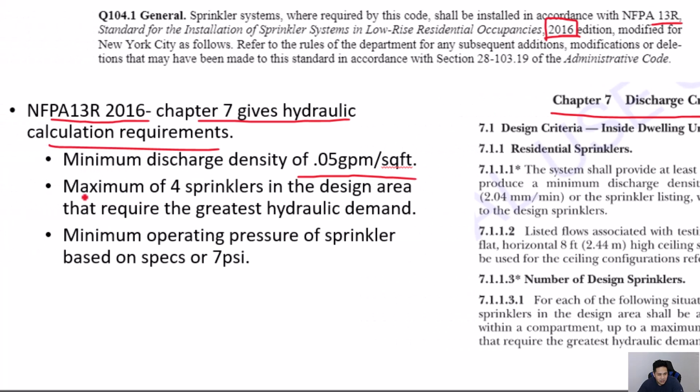The difference here is you need a maximum of 4 sprinklers in the design area that require the greatest hydraulic demand, whereas in 13D it was not 4, it was the 2 that required the greatest hydraulic demand. And the minimum operating pressure of a sprinkler is, again, based on specs or 7 psi. So this pressure requirement is the same for 13D and 13R.